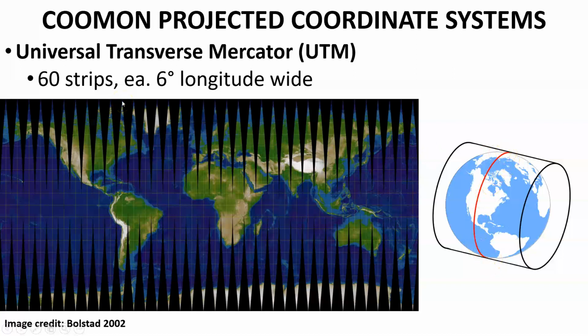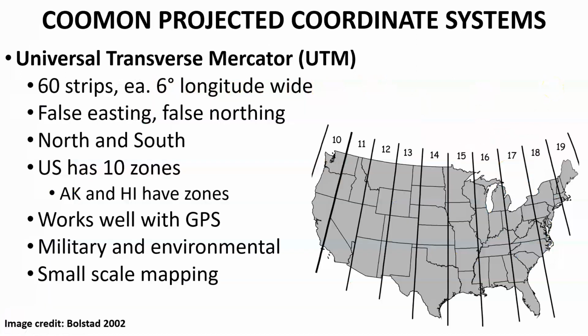So what the UTM projection does is create all of these different strips or zones. There are 60 strips for the whole world, and each strip is 6 degrees of longitude wide, with a north-south orientation.